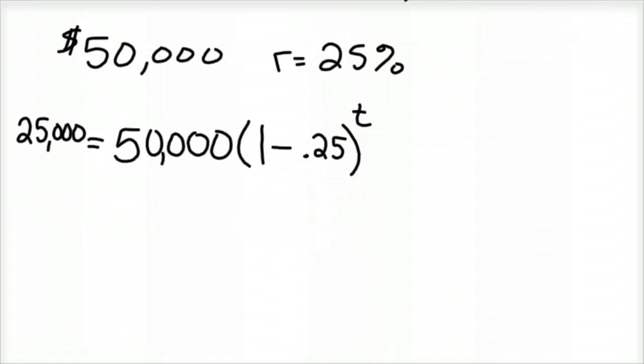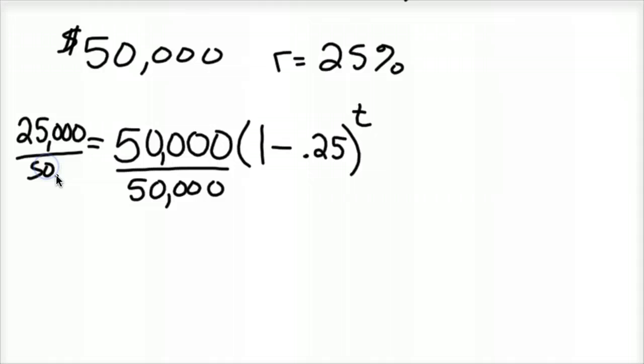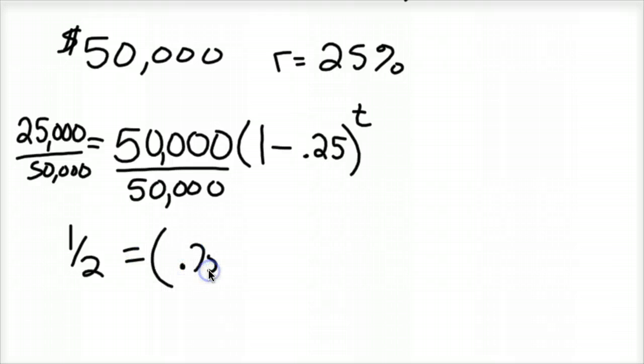Now this one would probably be pretty easy to guess and check with, but we'll go ahead and isolate the exponent by dividing by 50,000. 25,000 divided by 50,000 is 1/2. 1 minus 0.25 is 0.75 to the t power.